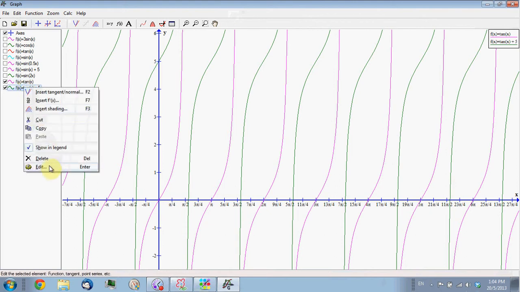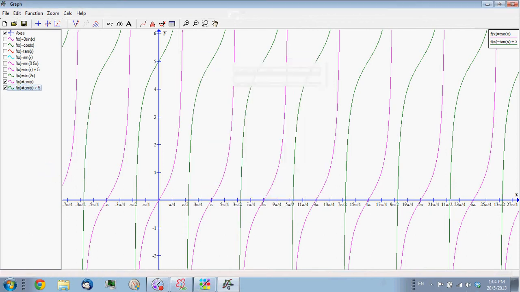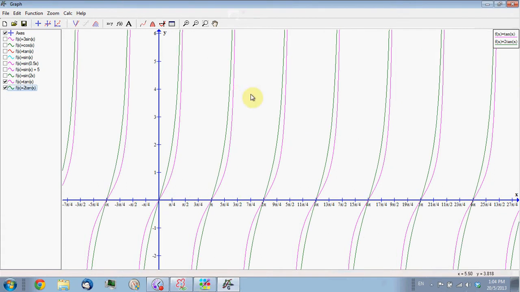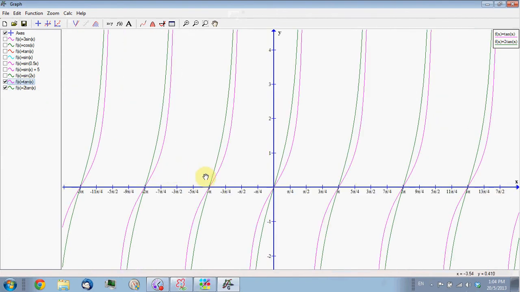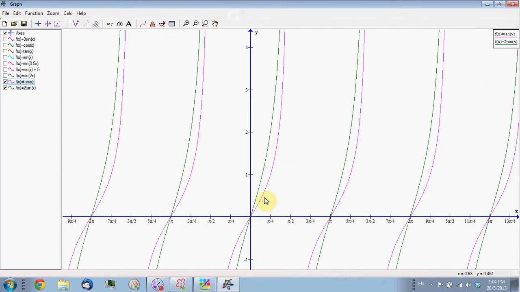Okay, so the basic one will be 2 tangent x. You see the magnitude. Now the original tangent x is the pink one. When you multiply it by 2, you see the value is 2 times more.